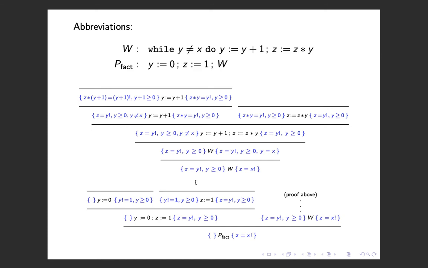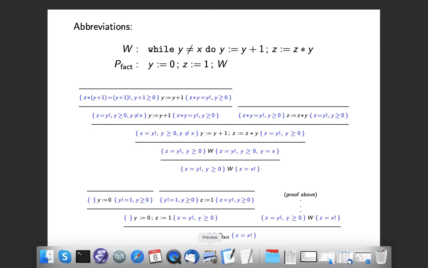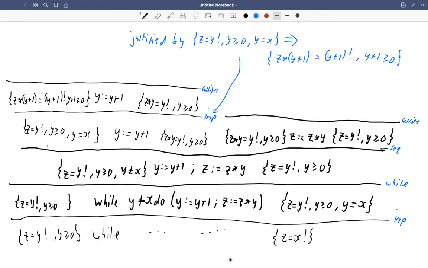So fortunately, there's a much nicer way of writing these proofs. So what I want to do is talk you through rather briefly now the proof of the while program in the actual way one really does it.